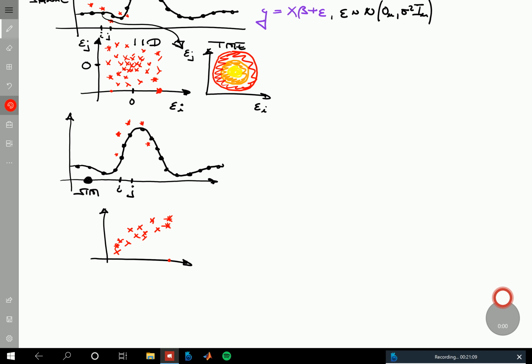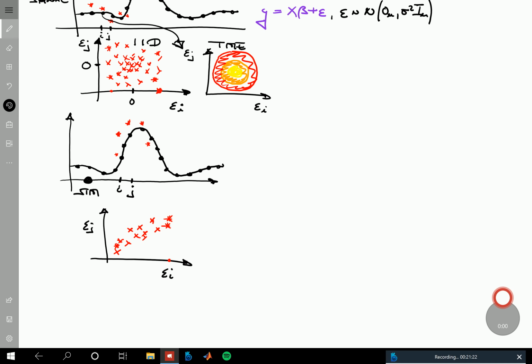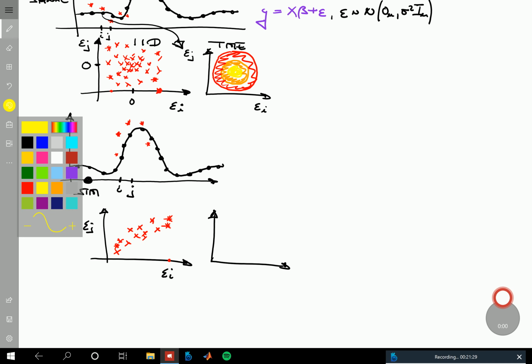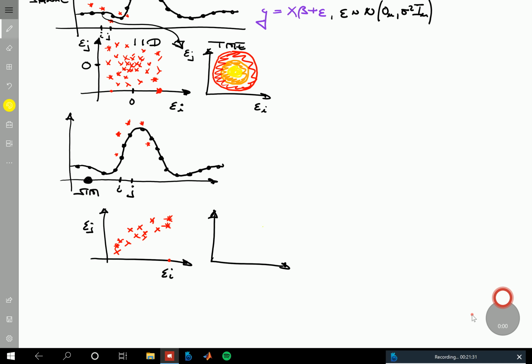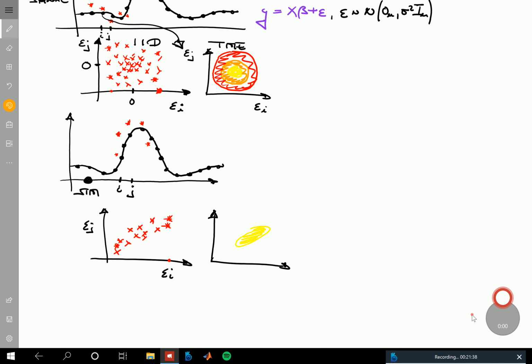So what this is of course referring to is a covariance matrix that predicts correlated errors that are close together in time, which if you would plot the joint PDF of two errors close together in time would look like this.